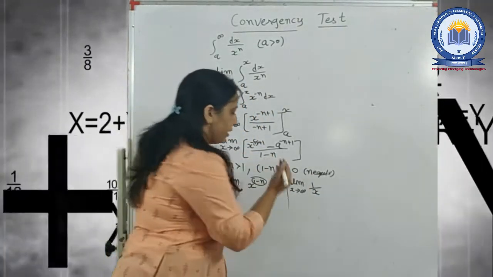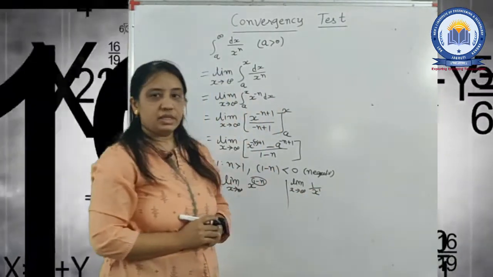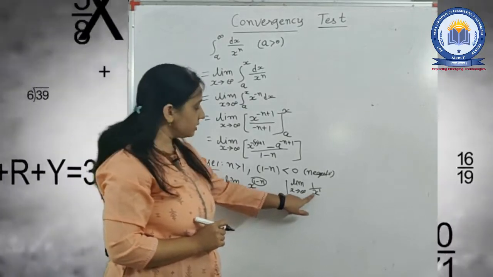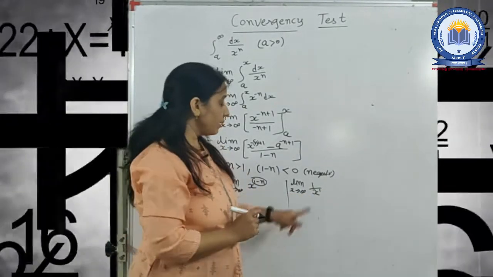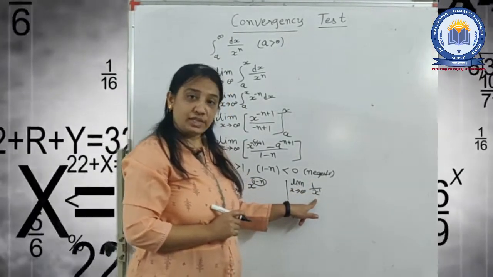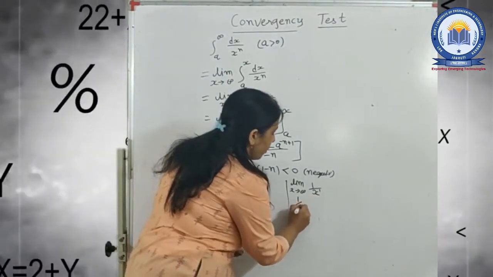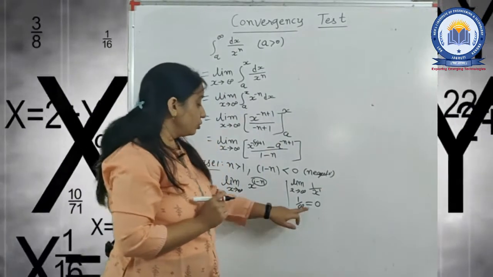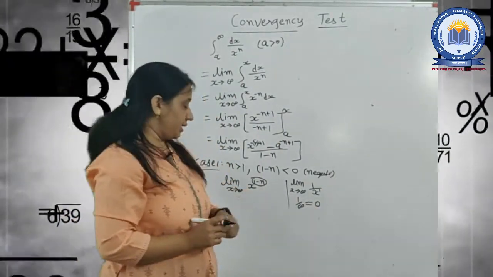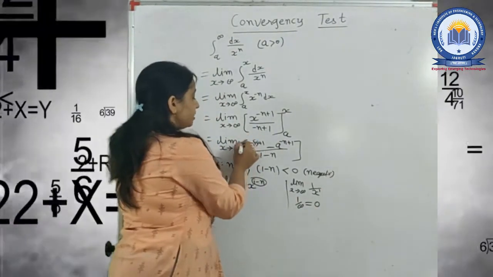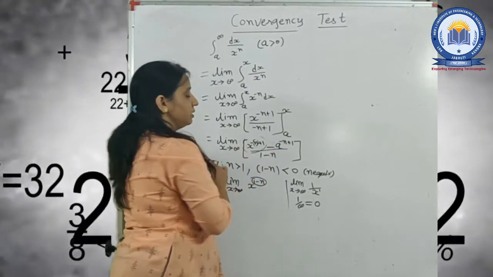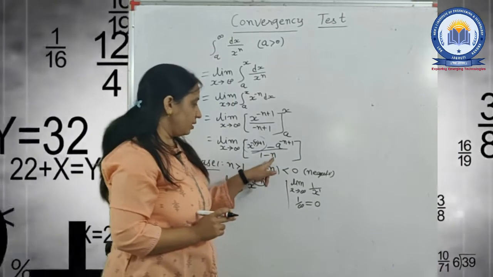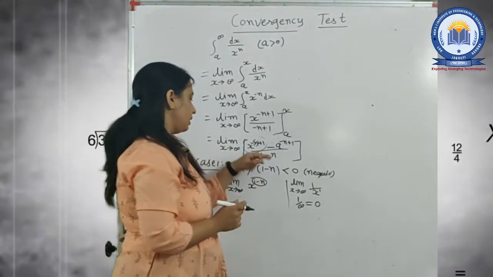Now if we put infinity instead of x, it becomes 1 upon infinity, and the answer of 1 upon infinity is 0. So the value of this term becomes 0, and the remaining is a constant.